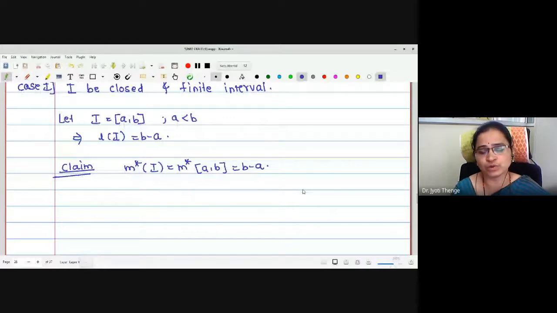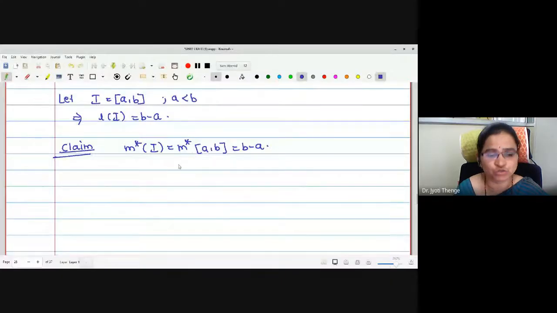Now, in order to prove this equality, m star of [a, b] is equal to b minus a, we are going to prove it in two inequalities. That is, once we will prove it is less than or equal, and once it is greater than or equal.